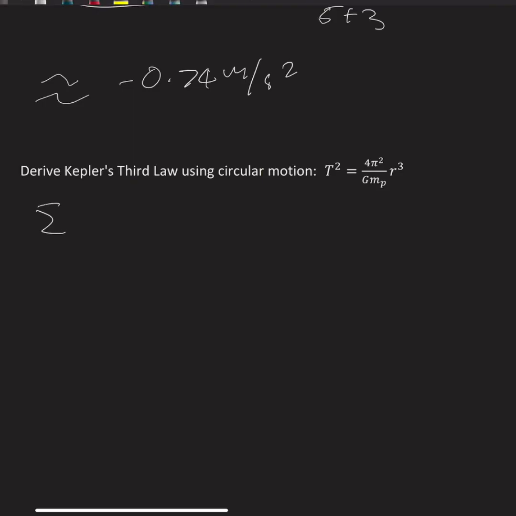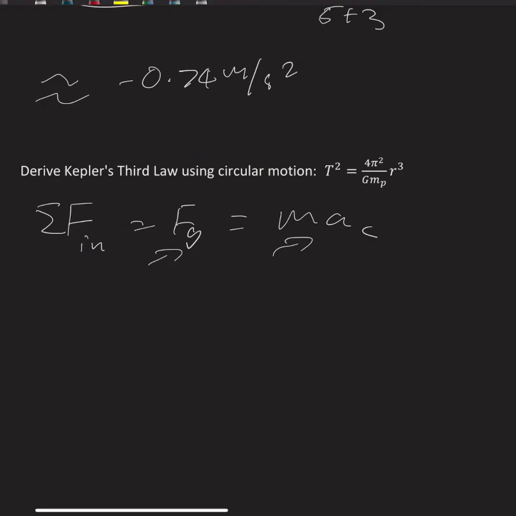So the sum of forces in the radial direction is equal to the force of gravity, which is equal to m a_c. Centripetal acceleration is what causes it to move in a circular path. And the only force we assume is the gravitational force. It's not affected by the other planets unless it's specifically mentioned.